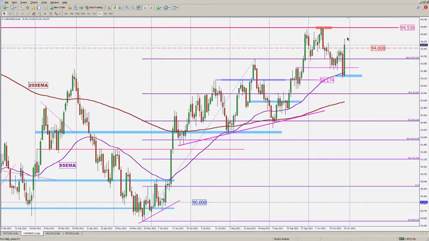Now that it's broken back above the 94.00, it's got the recent highs in sight, and just waiting for the FOMC decisions, where they expect the tapering to be announced for November.